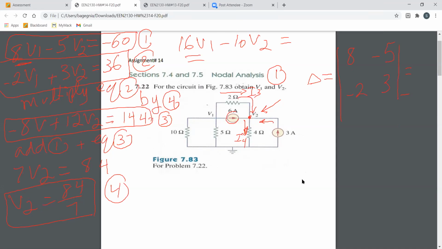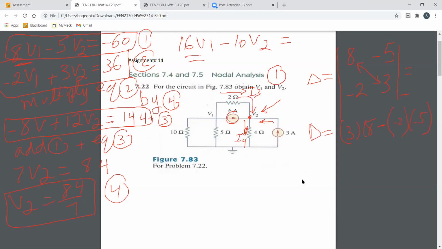When you do the cross multiply, the diagonals, you multiply 3 times 8, and then you subtract the other cross multiplication, minus 2 times minus 5.